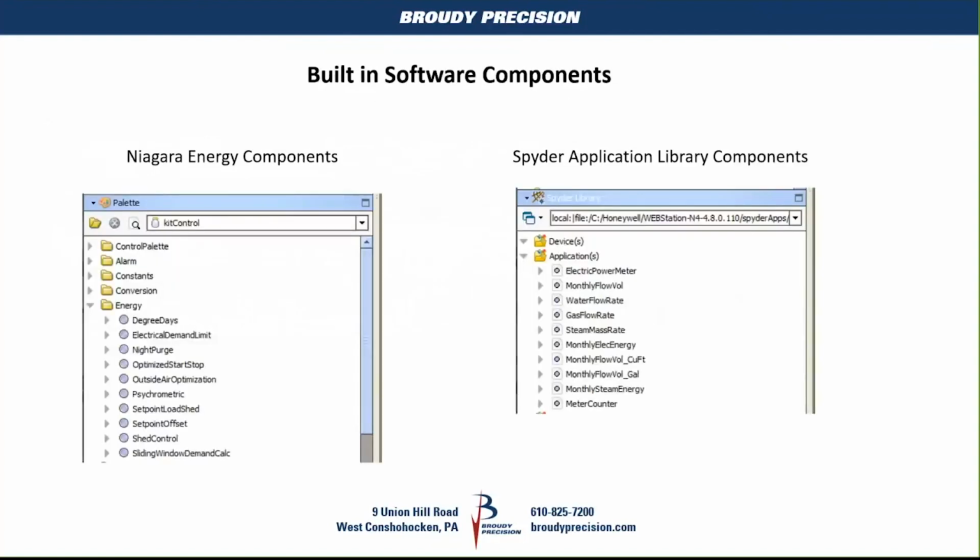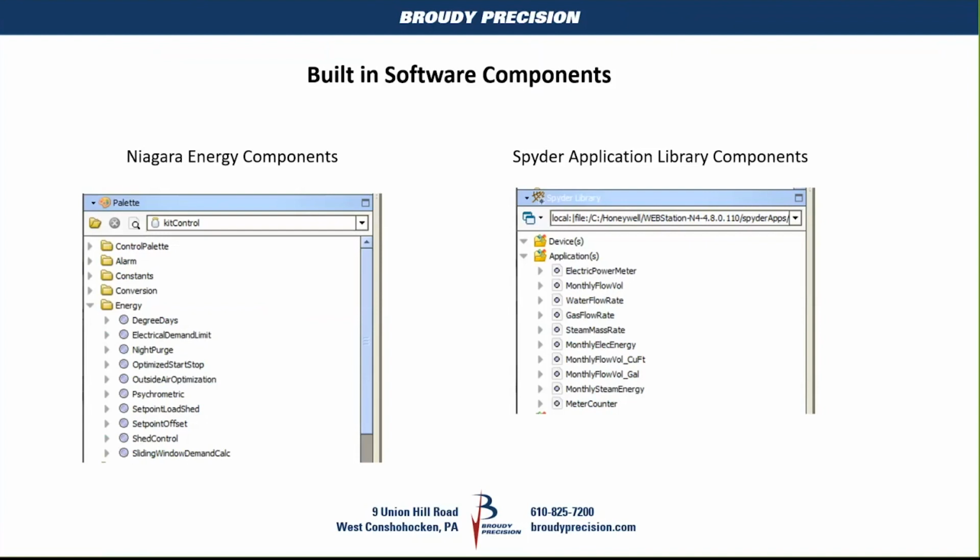In the box, your Niagara components in the kit control palette, if you drill down into your energy folder, you're going to see electrical demand limit. You'll see set point load shed, set point offset, shed control, and sliding window demand calculations. They're software tools that are already built into your Niagara build.